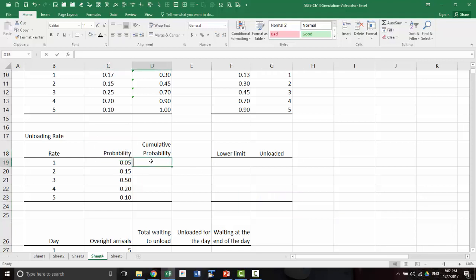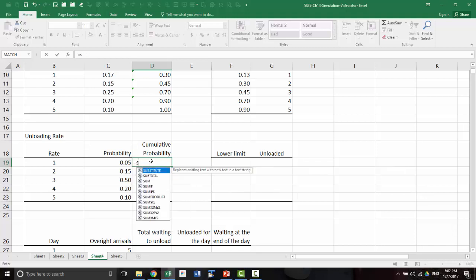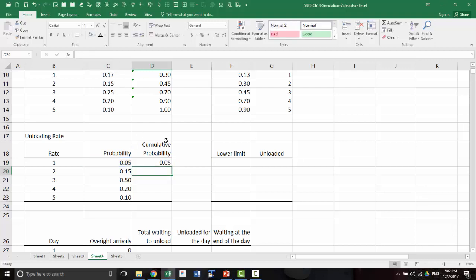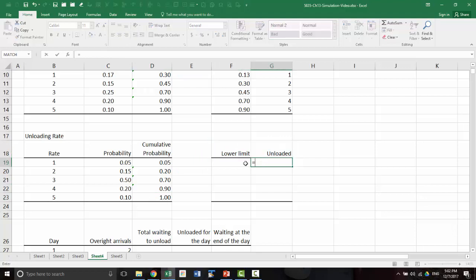Okay. So once again, you compute the cumulative probability and make sure the first C19 is absolute referenced. Okay. And then the unloading rate, so that's our lookup table.